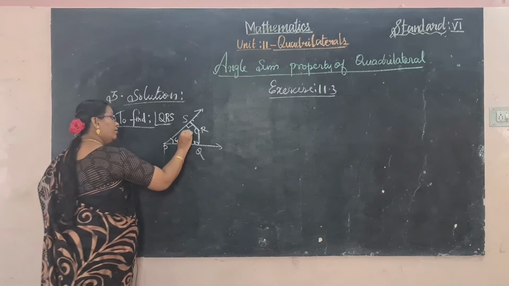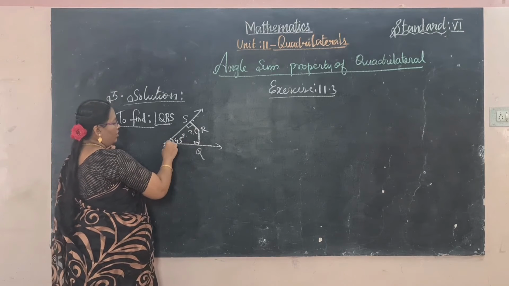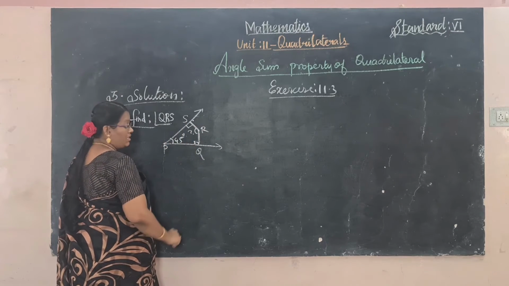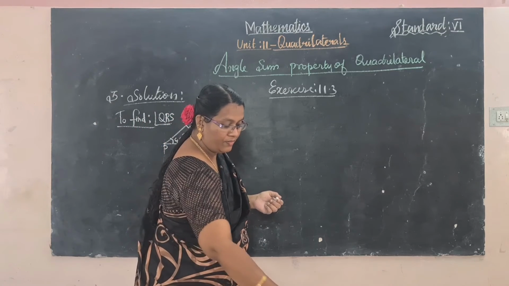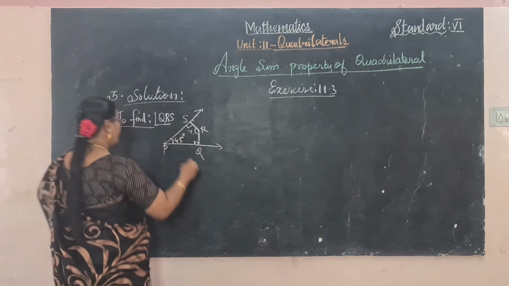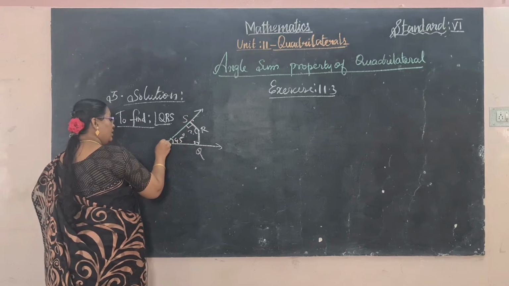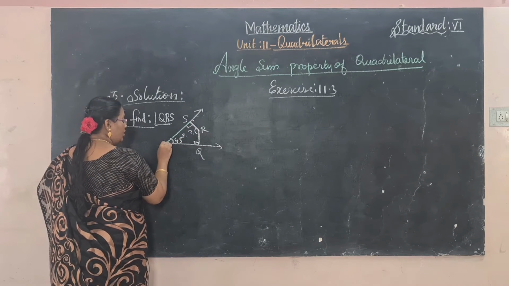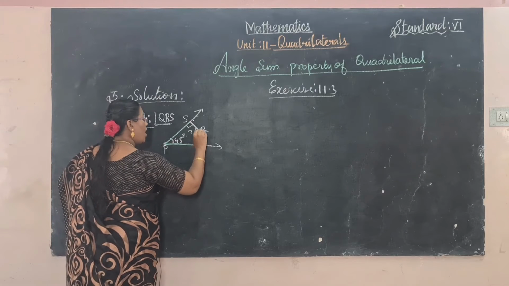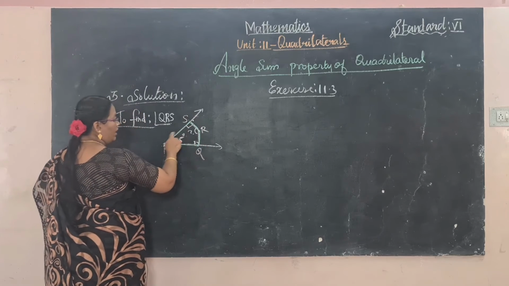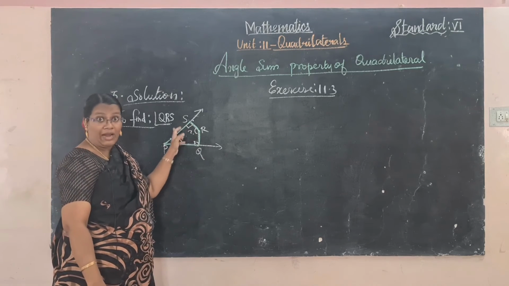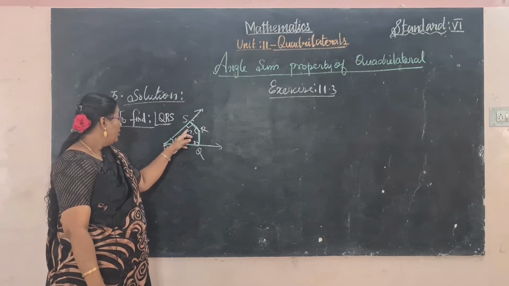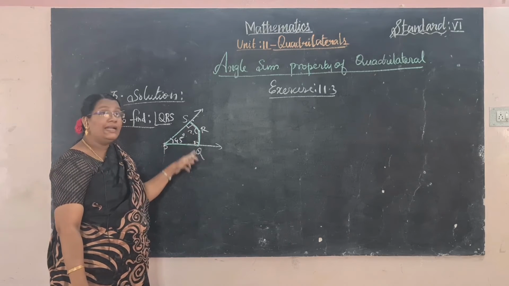Let's make the quadrilateral. Let's re-identify the quadrilateral PQRS, the figure closed by four line segments. Here two angles are 90 degree.